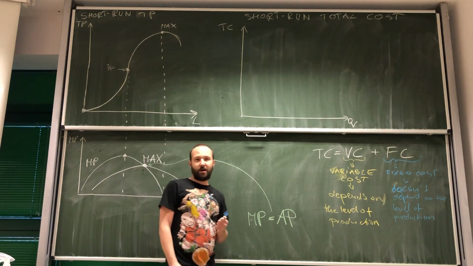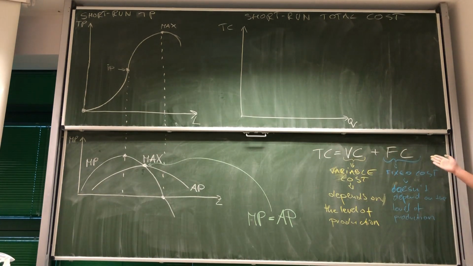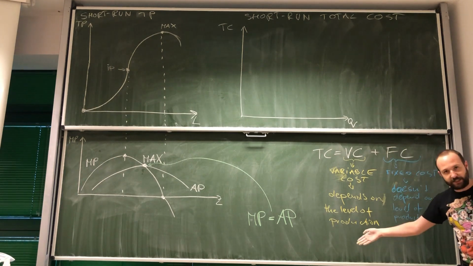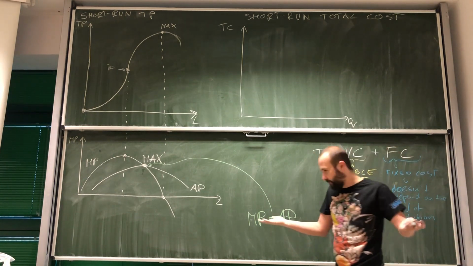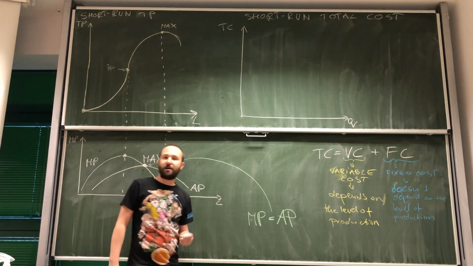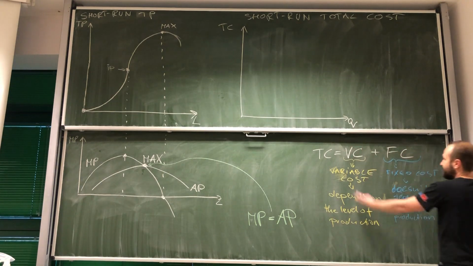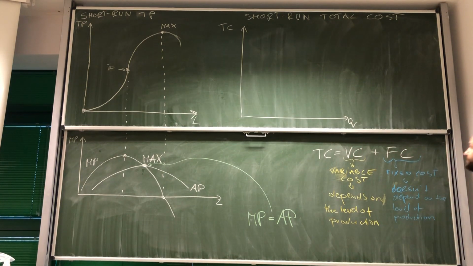Now, for variable cost, if you're going to produce more cars, you're going to use more parts. Of course, this is part of variable cost. If you want to produce more cars, you're going to hire more people. So this is variable cost.